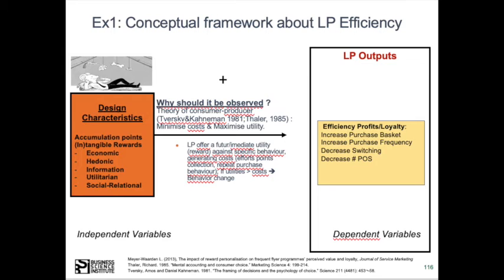That is, they should increase purchase baskets, purchase frequencies, purchase recency, decrease switching behavior, and decrease the number of points of sale visited. The theory behind that is the consumer theory of Tversky, Kahneman and Thaler. So customers try to minimize cost and maximize utilities. The more they increase the utilities, or the independent variables, the lower should be the cost, and the higher should be the impact on the dependent variable.